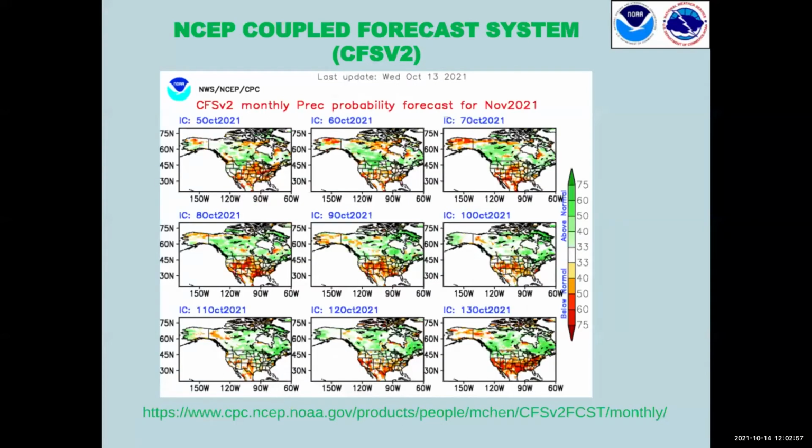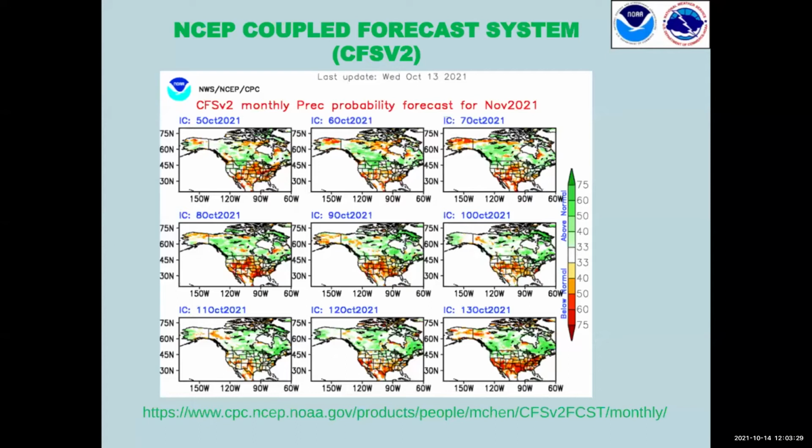Through that same website, there's another interesting tool. We can see the progression of the trends that the CFS is predicting from day to day. In this example, we have a panel of the same graphic that I showed previously, but for different runs: October 5th, 6th, 7th, 8th, 9th, 10th, 11th, 12th, 13th. This gives you a general sense of whether the models are trending one way or another as we get closer to the November timeframe.